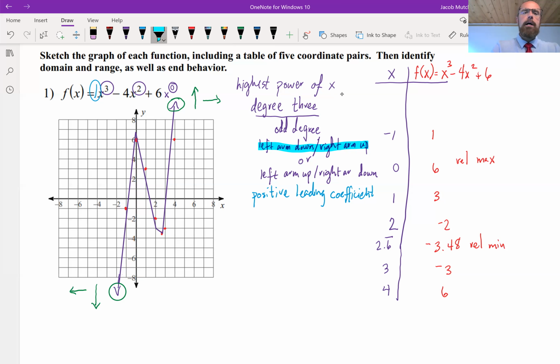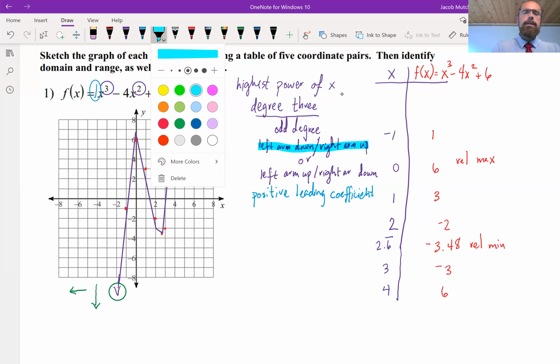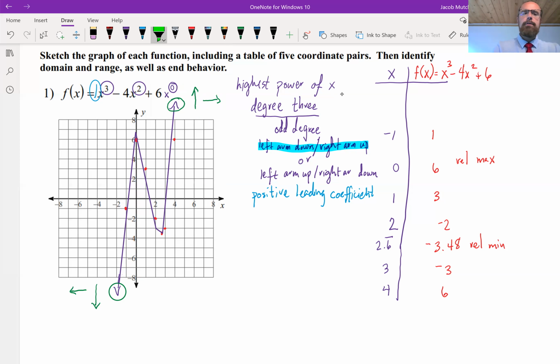So I'll start highlighting. Domain, remember, is a description of the X values. So where I'm looking for domain is the far left and the far right of the graph. And those are positive and negative infinity, but I'm also going to associate it with what I've said the left and the right side generally do for the function. So on the far left extreme, we've got negative infinity, and that's what that left arrow is saying.